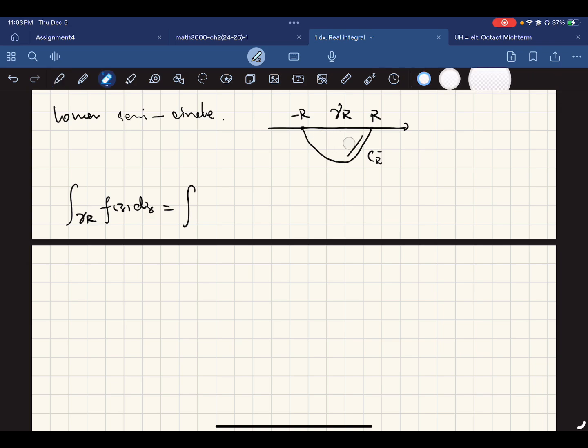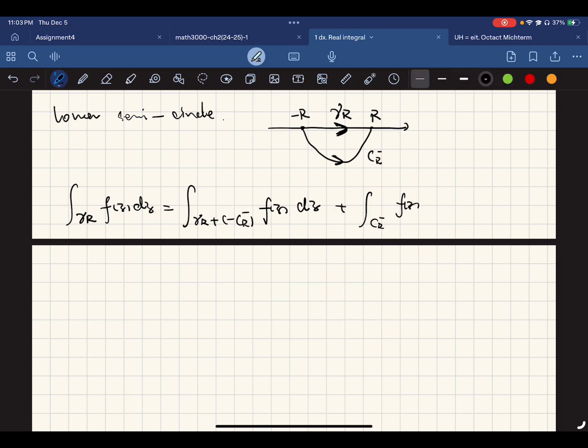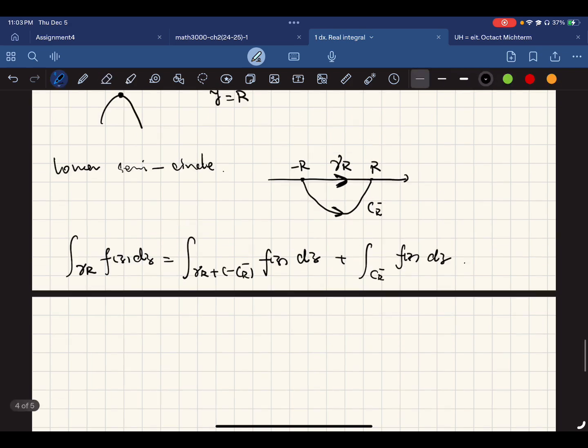Gamma R plus C_R negative, this is the orientation, of f(z) dz, plus, we add one so we need to subtract it, the integral over C_R negative of f(z) dz, isn't it?